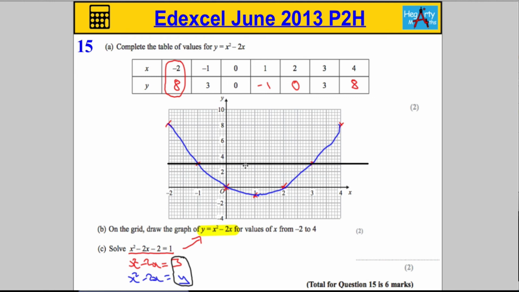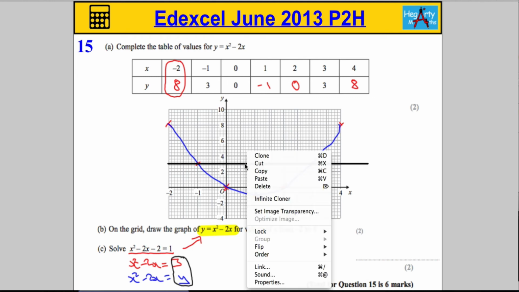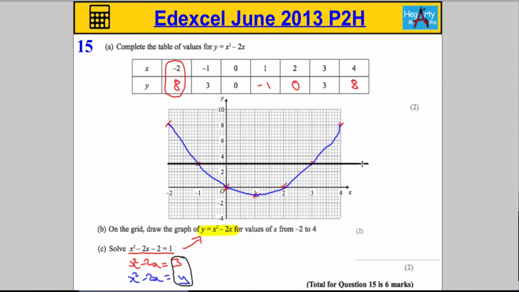And what I can see from that, where is y equal to 3? We can see y is equal to 3. And from the graph, we get a value of x of negative 1. And we get a value of x of 3.